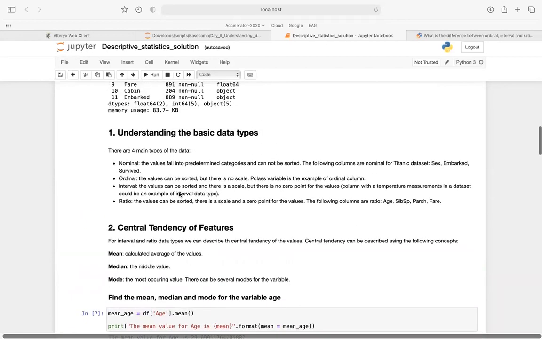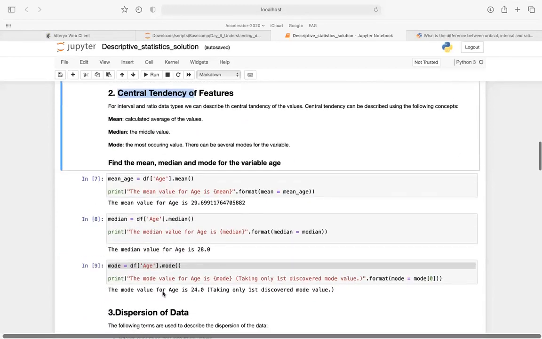Now, as we understand, descriptive statistics has two sides. One is central tendency, and the second is the dispersion of the data. Central tendency helps me understand my data with just a single number, like mean, median, and mode.